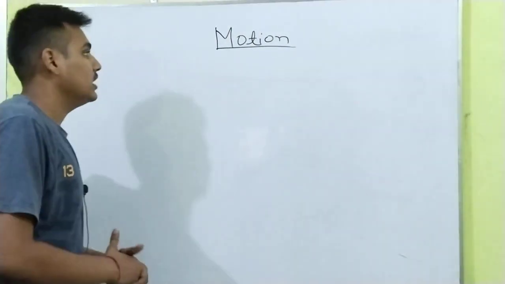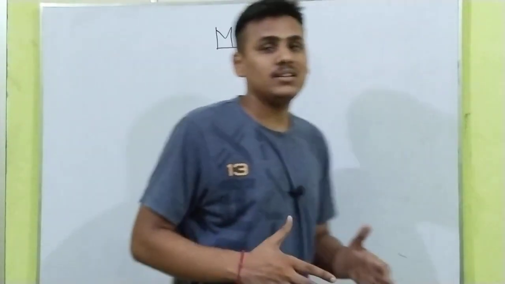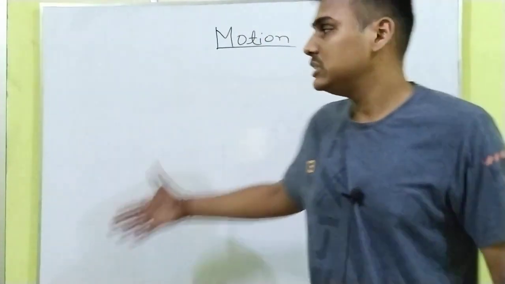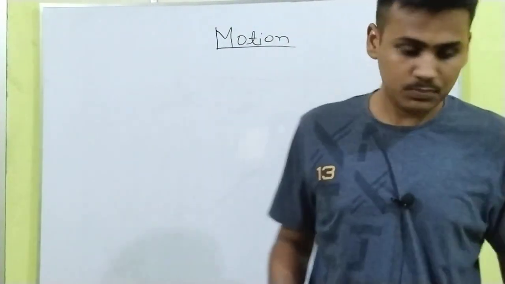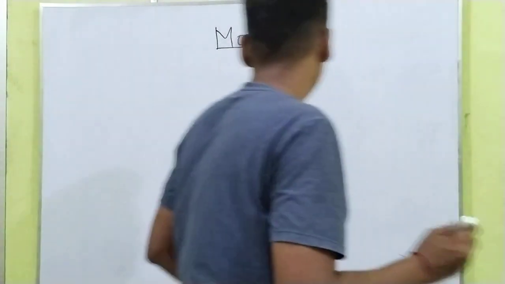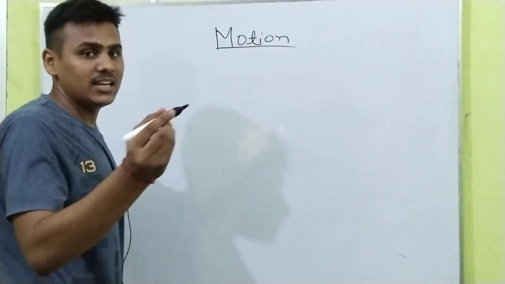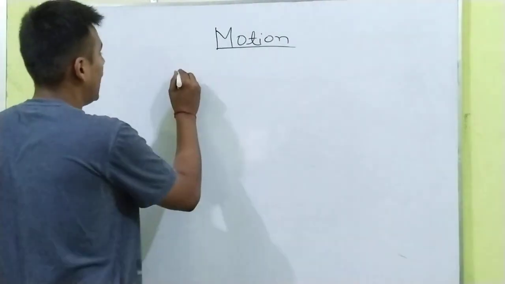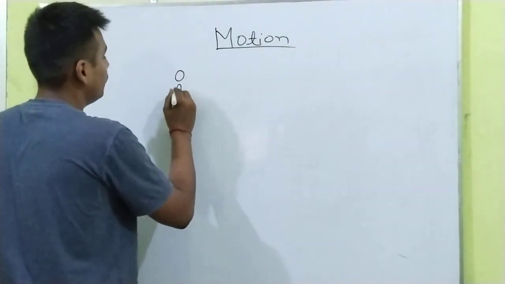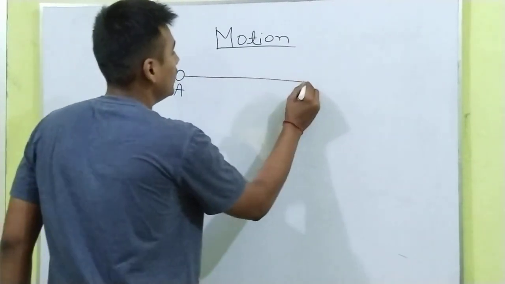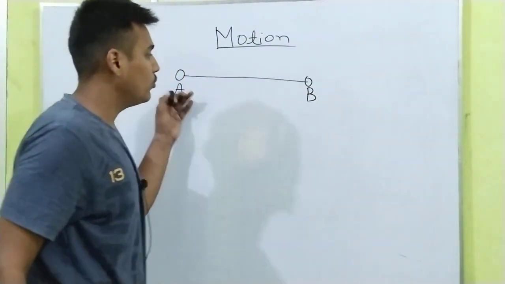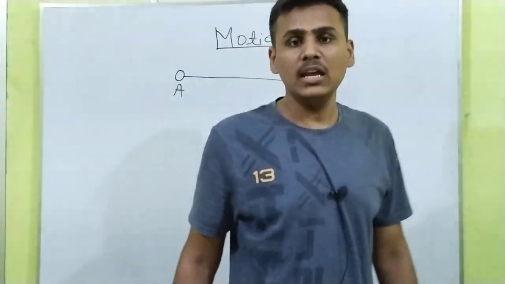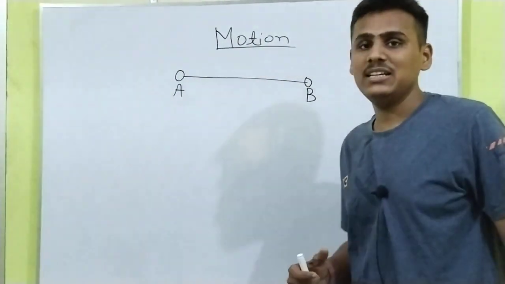After that, the next topic is what are the factors which determine motion. There are various factors. So the first factor is distance. Suppose you have to start a journey from point A and reach point B. To move from point A to point B, you will have to cover a certain distance.